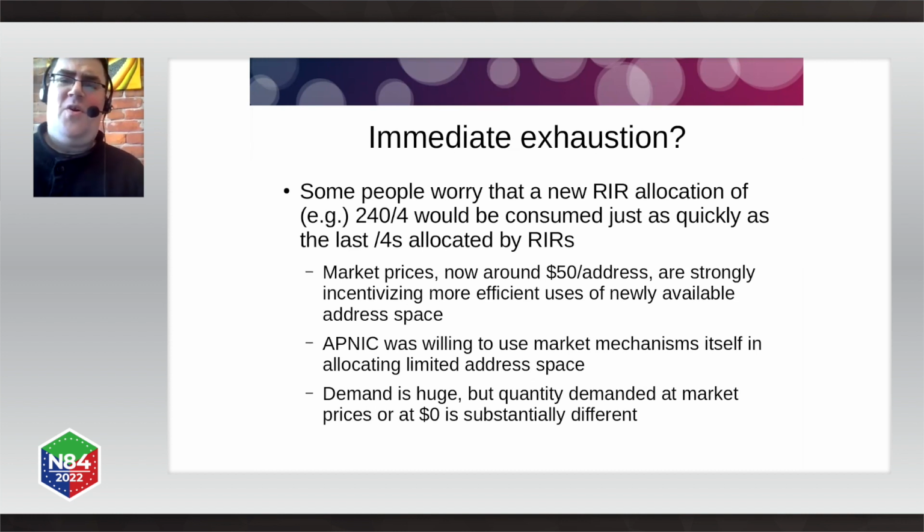Now, another thing that we've heard is that since the demand is so high, we can really blow through IPv4 blocks very, very quickly. The last blocks that were allocated by the RIRs went very, very quickly because there were tons of people in line and they got them.